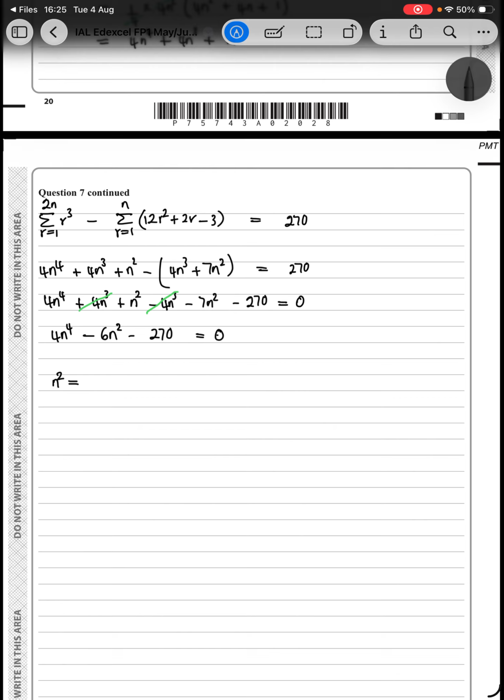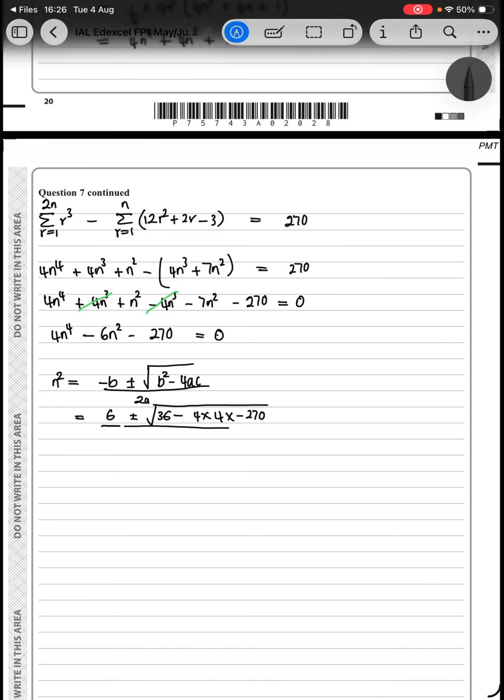So n squared equals minus b plus or minus the square root of b squared minus 4ac, over 2a. So minus b: the b is minus 6, so the minuses cancel off and we have a plus 6. Plus or minus the square root of minus 6 squared, which is 36, minus 4 times a, which is 4, times c, which is minus 270.